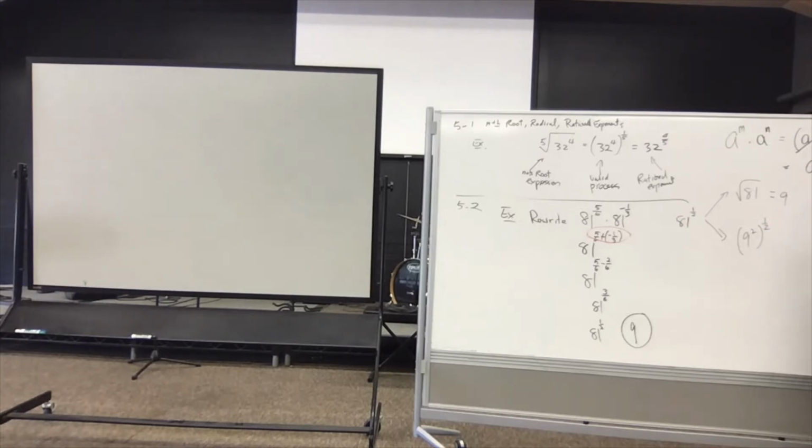And one of the major properties that we have was a to the m to the n power is a to the m times n. So it becomes 9 to the 2 times 1/2, which is 9 to the 1, which is just 9.